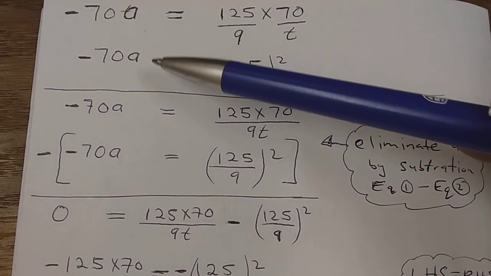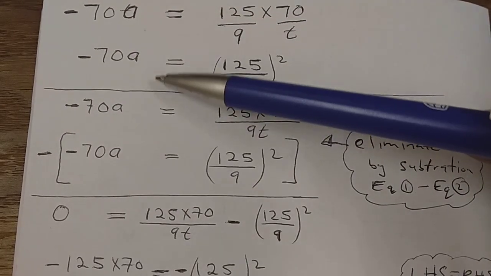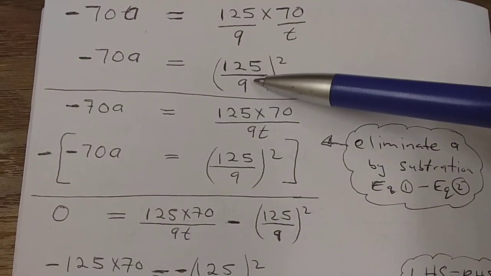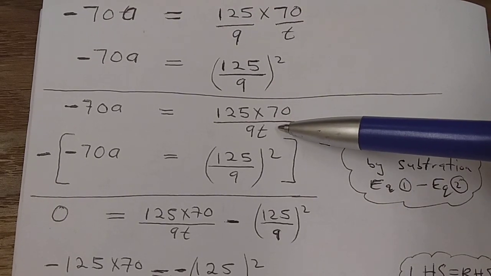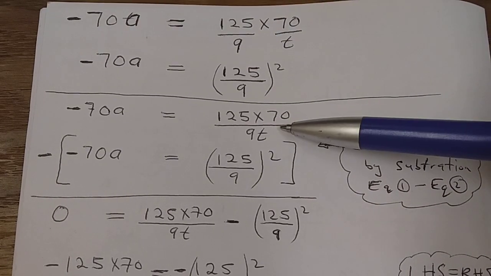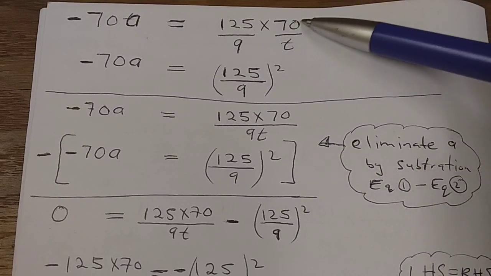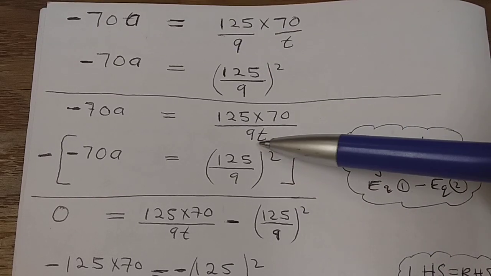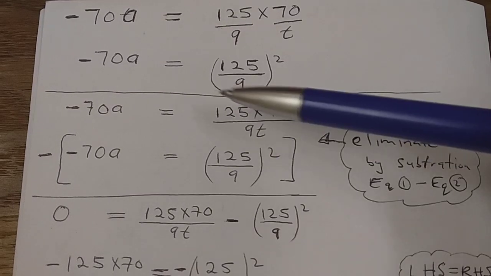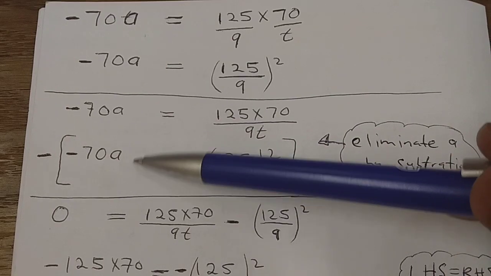So equation 2, we just take it as it is, which is negative 70a equal to 125 over 9 everything squared. So this is equation 1. Equation 1, we just combined the two digits, 125 times 70, which is this one. 9 times t becomes the denominator. That's all. Okay, so once we are here, we can see that negative 70a and negative 70a are now the same.